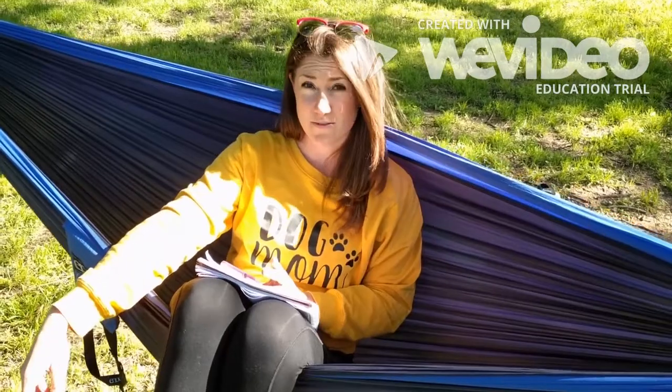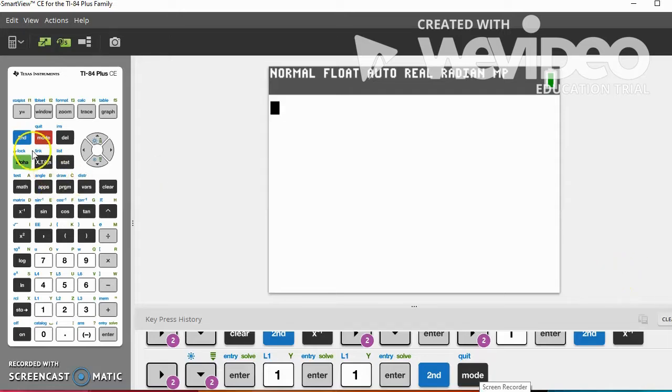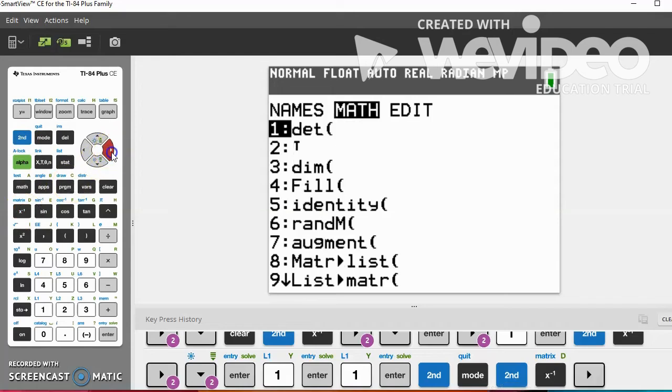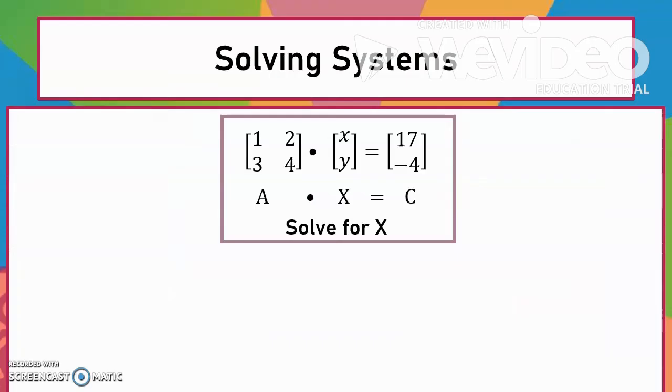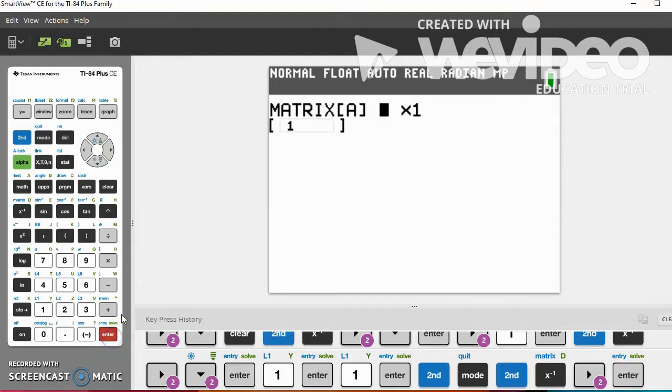In this video, I'm not going to go into how to calculate the inverse of a matrix, but we are going to briefly talk about how to use it to solve a system. Of course, the first thing I need to do is edit my matrices. I'm hitting second matrix, arrowing over to edit, and the question involved a matrix A and a matrix C, so I'm just going to keep those same names to make it more simple on myself.